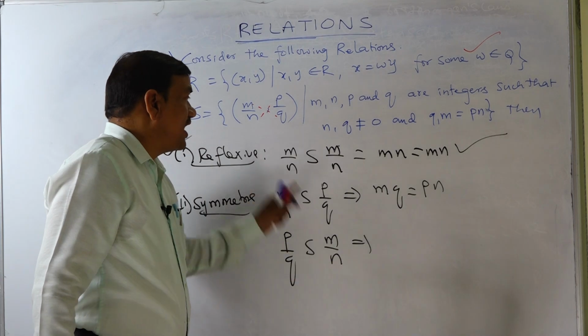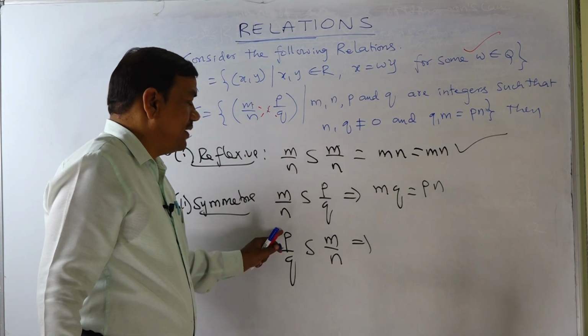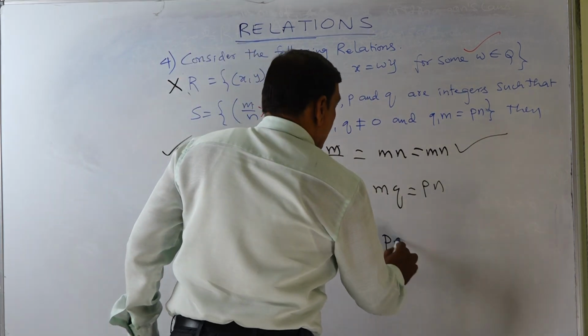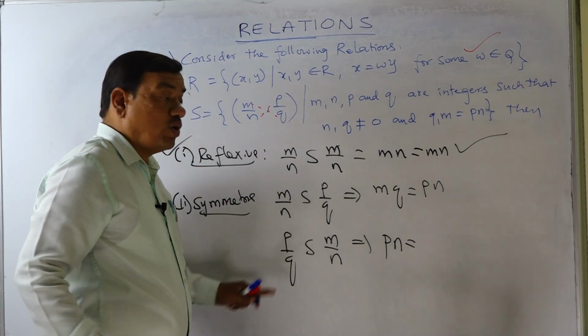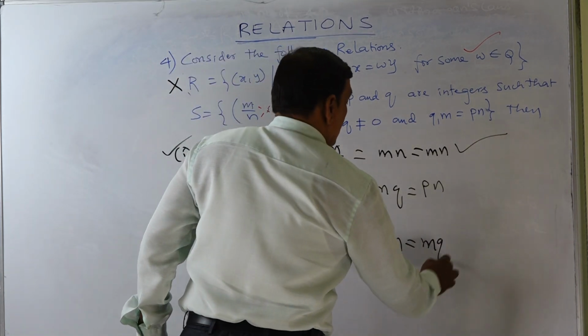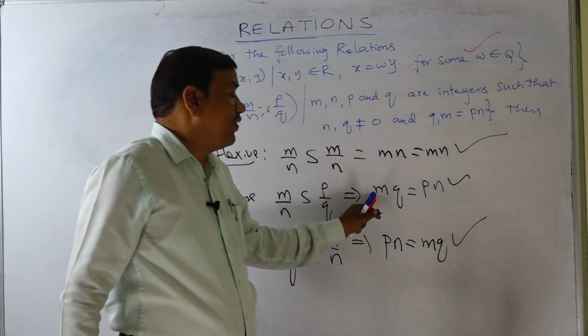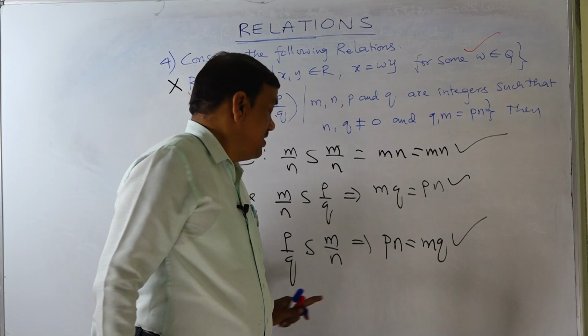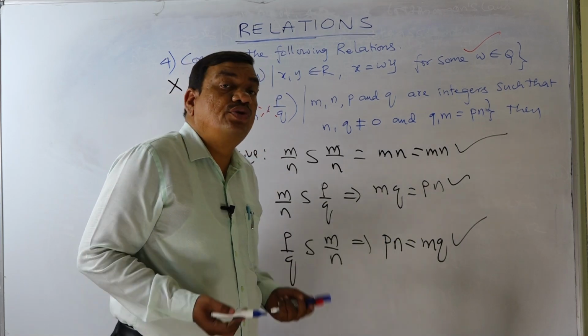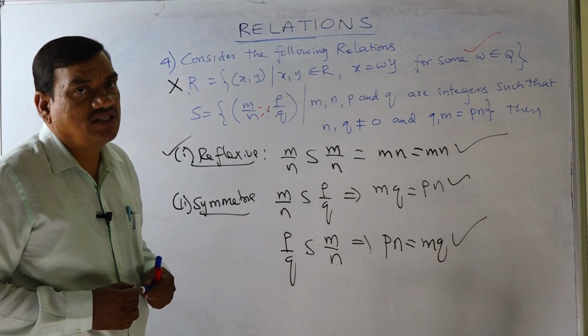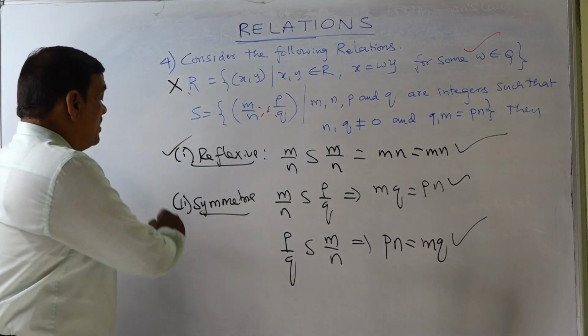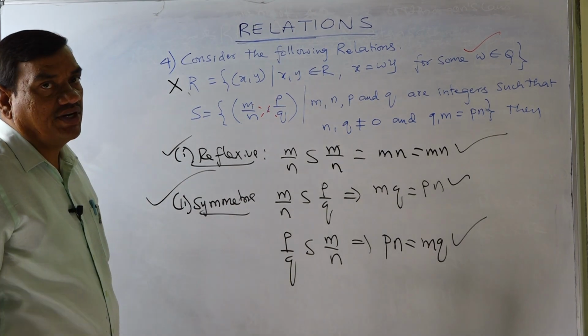According to the definition, p into n is equal to m into q. Both are the same. We have mq is equal to pn, and from this we get pn is equal to mq. Yes, both are the same. Therefore, clearly S is a symmetric relation.